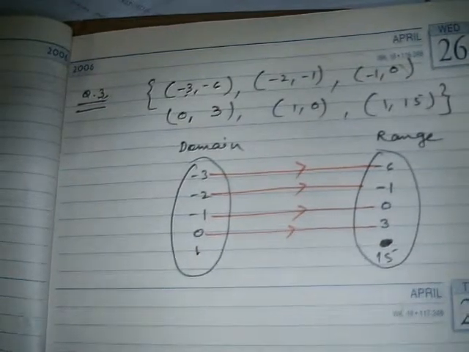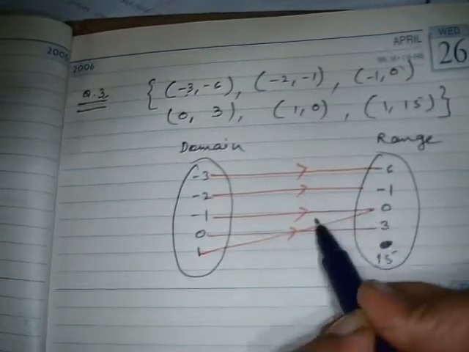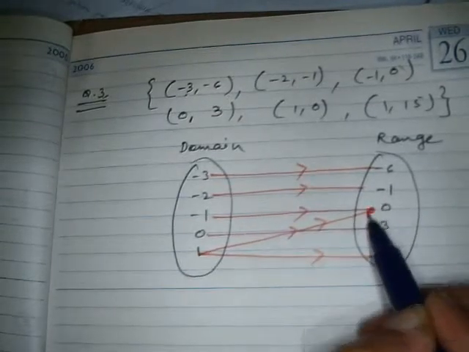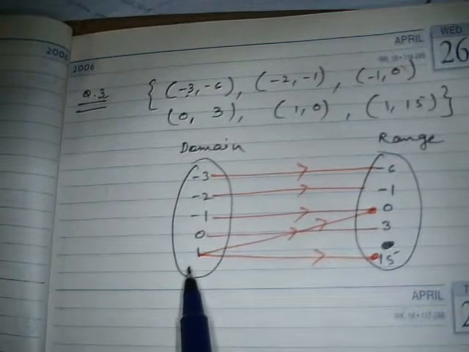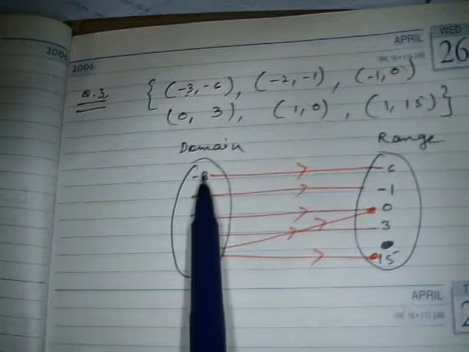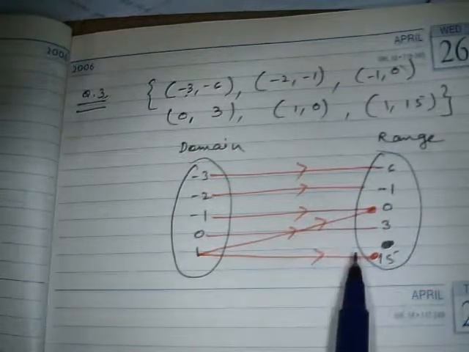Get it? Every x is getting related, so the first condition is satisfied. Now second, every individual x should have a different or the same image in the set P. But over here, what is happening, x is having different images.